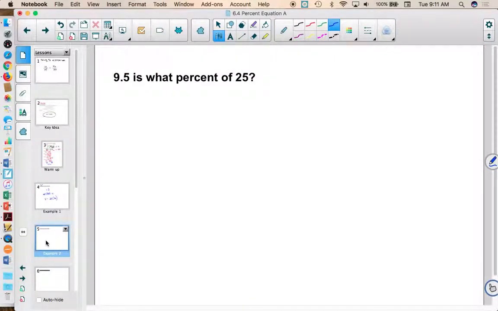So look at this one. 5 is what percent of 25? Write the sentence, the numerical sentence in symbols, the mathematical sentence. Well, I don't see your sentence. Wait a minute. 9.5 is, okay, I agree with that.